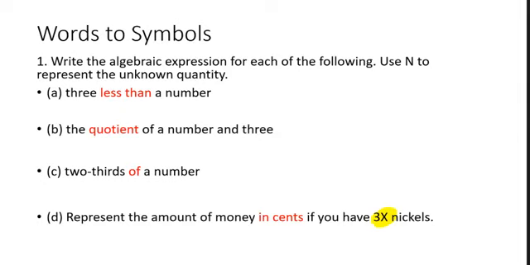In this video, we're going to look at 4 examples of converting English phrases to mathematical symbols. So in part A, we have a given number, a number which is going to be represented by the letter n.